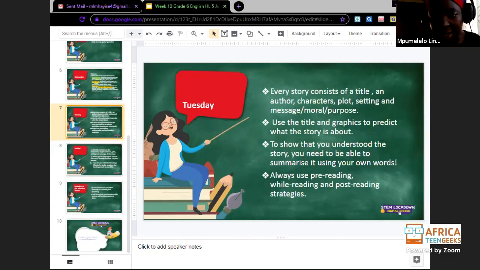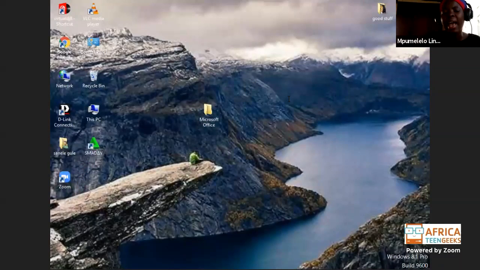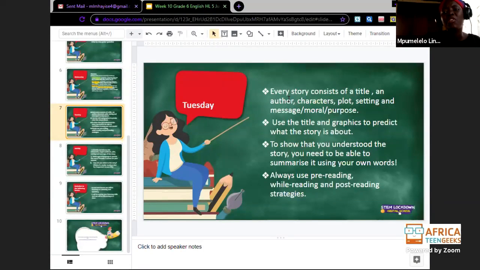Then you have your characters. I said the characters is who the story is about. So your characters can either be people or objects or animals. Okay, I even gave you an example of the 3 little pigs. So those 3 pigs are the characters. And most of the time I said your characters are fictional, which means they are not real. Okay, then you have your plot. I said your plot is made up of all the main events which happened in the story.